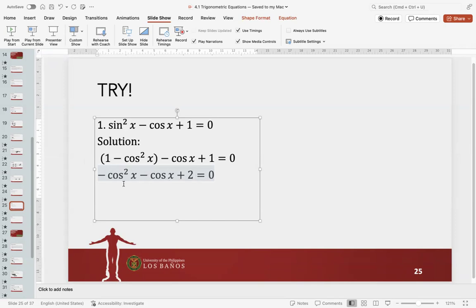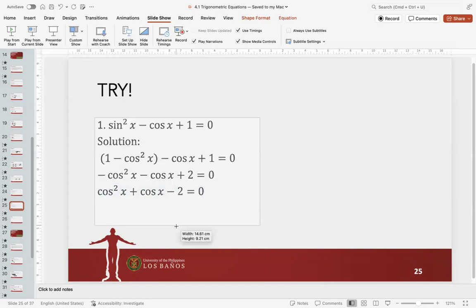And then what we'll do is to divide everything by negative 1, so we may avoid the negative sign for cosine squared. So negative cosine squared divided by negative 1 is cosine squared. Negative cosine x divided by negative 1 is positive cosine x. And then positive 2 divided by negative 1 is negative 2. So we have this one.